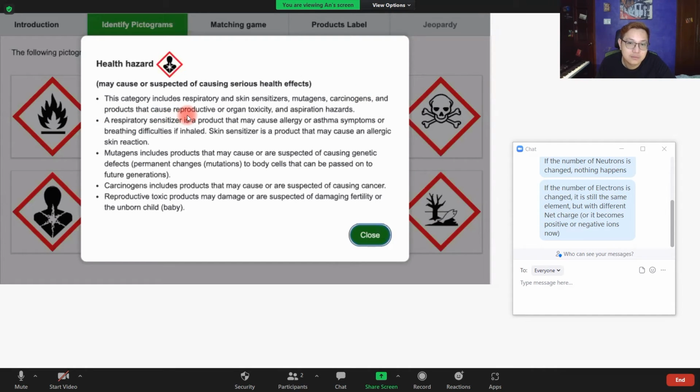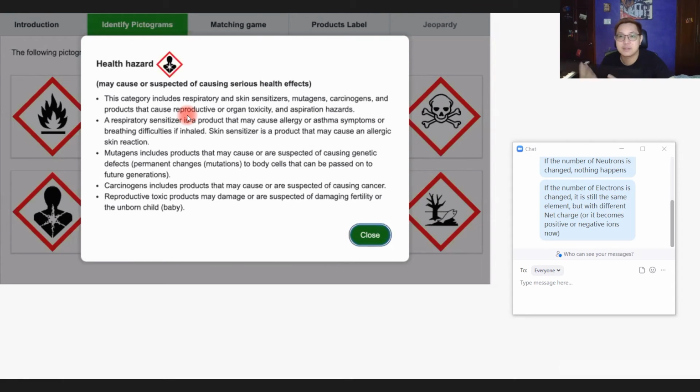And a product that can cause reproductive toxicity. Reproductive means in a sex organ. For example, it can be toxic to the sex organs of humans, so you cannot have children in the future. Organ toxicity means it can poison organs in the body, for example the liver or kidney.